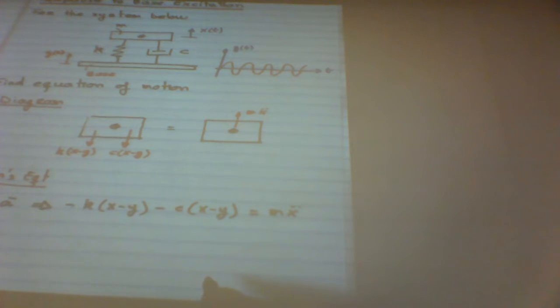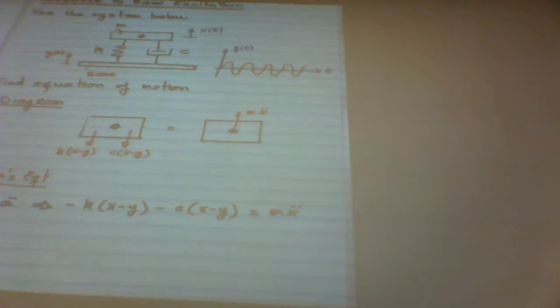So we just do that in the y direction, but here we call it that direction. So what will be the equation? Minus k (x minus y) minus c (x dot minus y dot) will be equal to m x double dot.